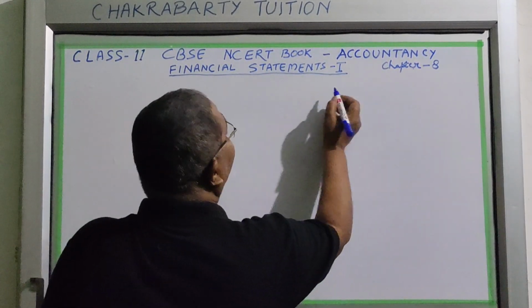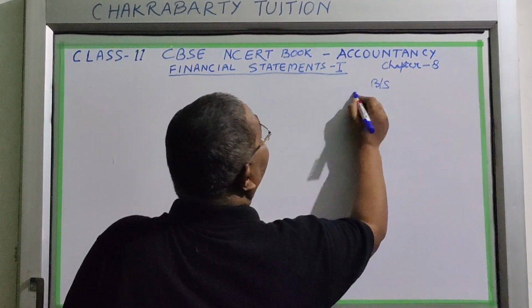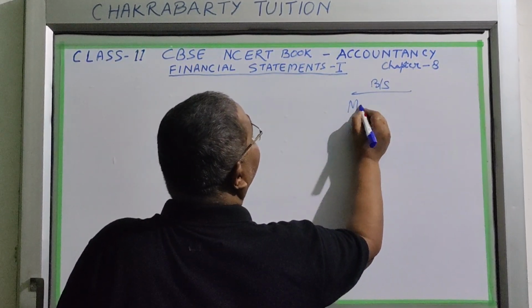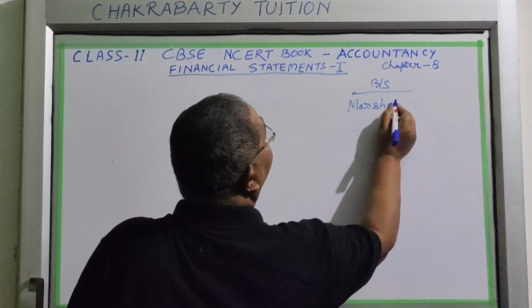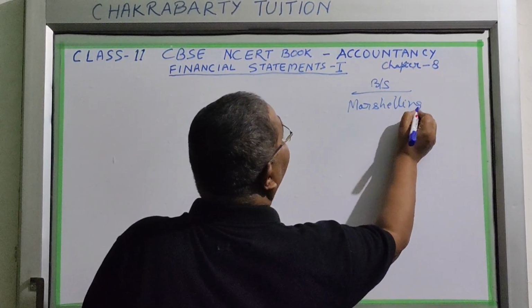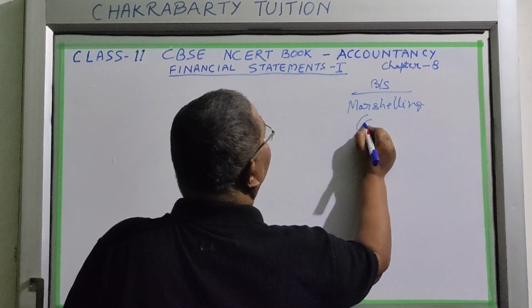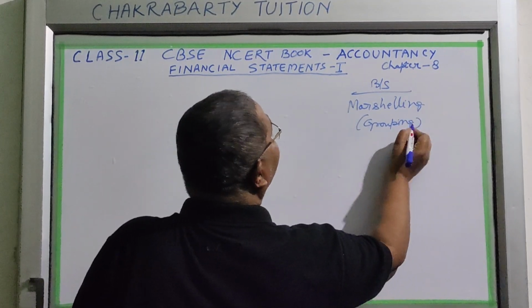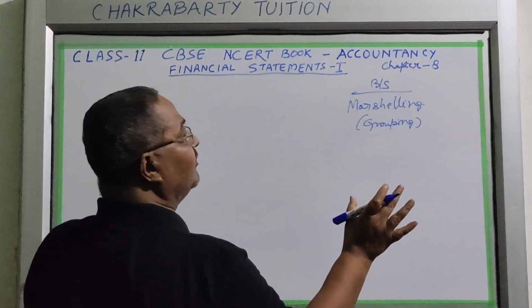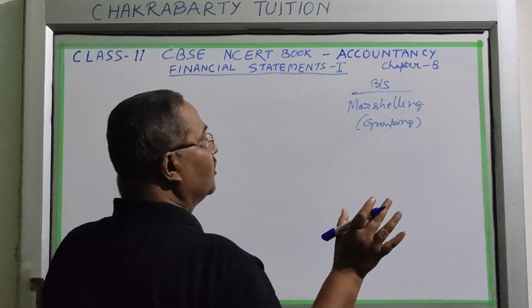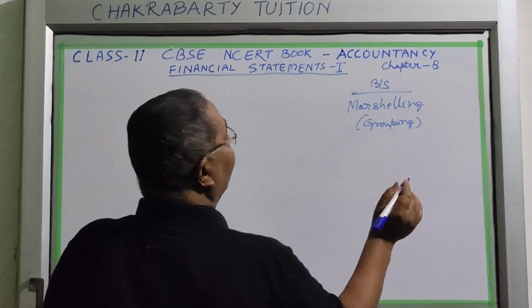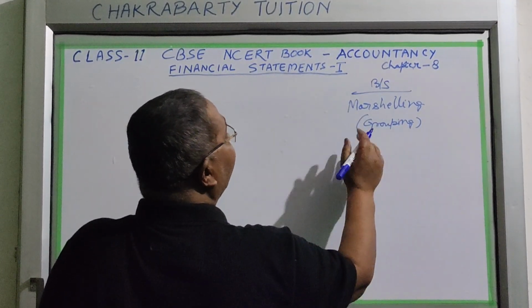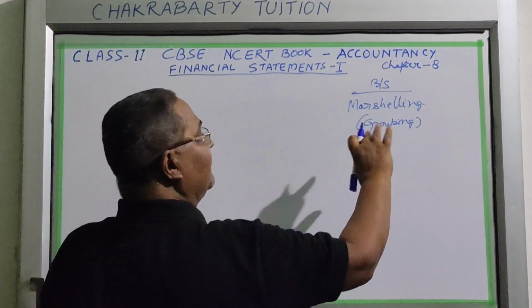Another word that comes for the balance sheet is marshalling. Marshalling of items means grouping. In the balance sheet, we should group items of one nature in one place.